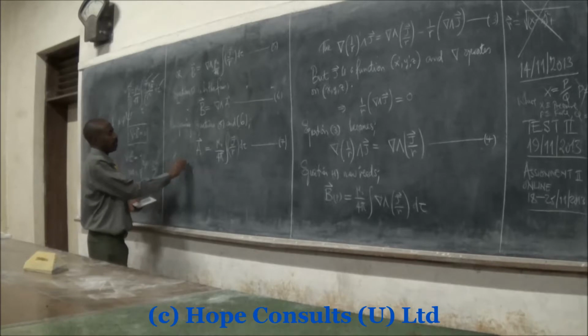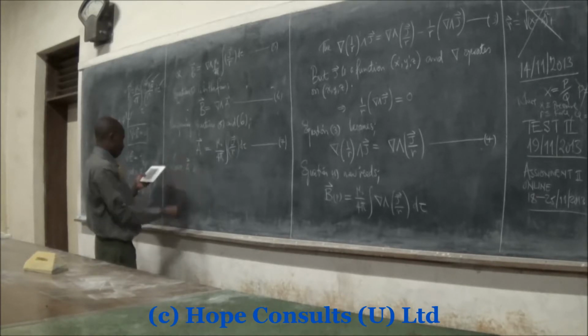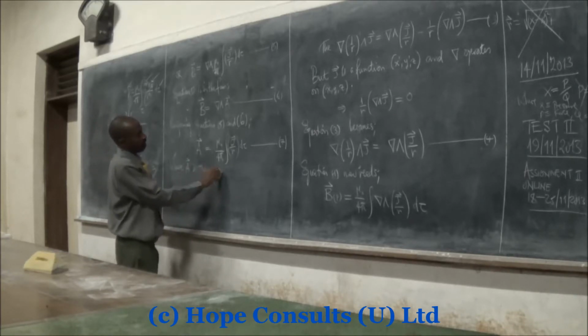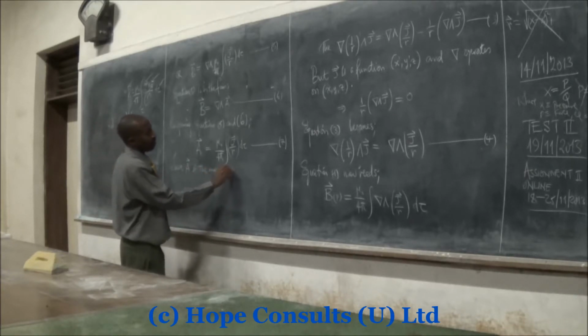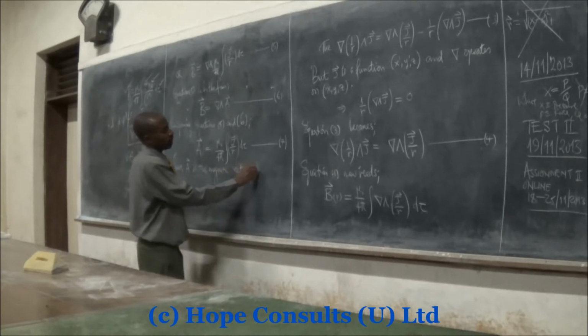As we have come this far, A is the magnetic vector potential.